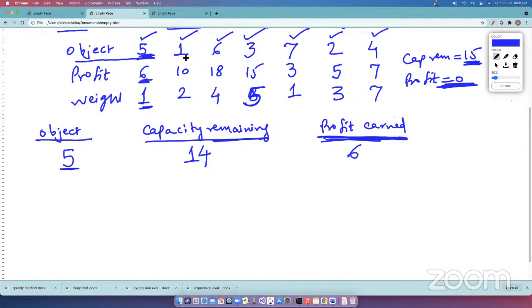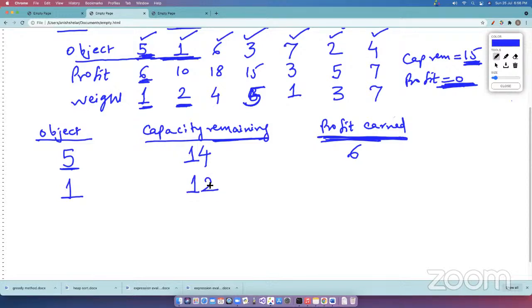What will you greedily do next? You will add the first object, which according to you is better than 6th, 3rd, 7th, 2nd and 4th. If you add the first object in the knapsack, its weight is 2. Capacity remaining was 14 and you are adding 2 kgs to it, so now the capacity remaining will be 12.